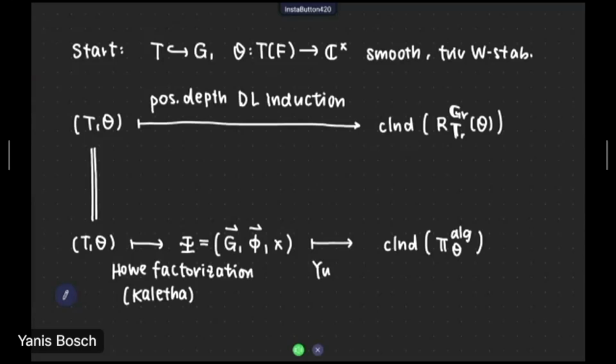The point of having this is that there's an algebraic construction of representations of p-adic groups that takes as input this kind of data and spits out some representation. So that's this lower thing right here. So I start with this T, theta. I factorize it to get this form. This form allows me to build a representation.